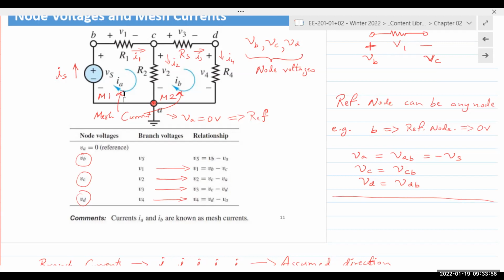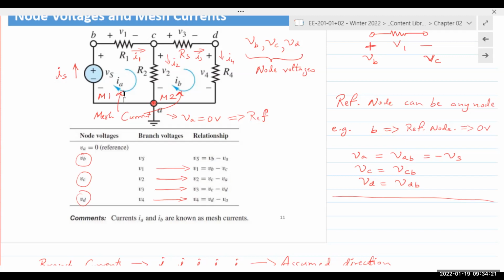Current is a result of the difference in electric potential between 2 points. So if we say one point is higher than the other, the current flows from the higher point to the lower point, plus to minus. At the same time, if A is higher, then B has to be lower, and if B is higher, then A has to be lower. Both cannot be true at the same time, right?